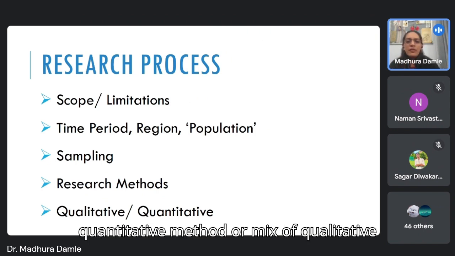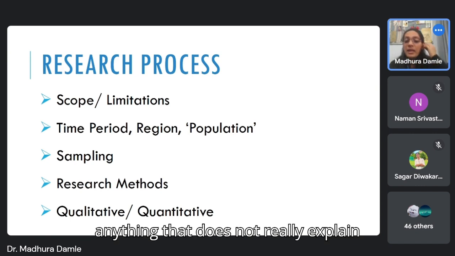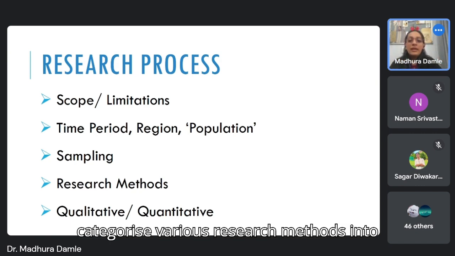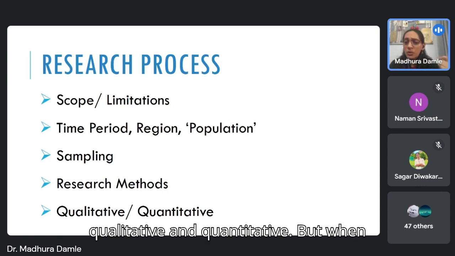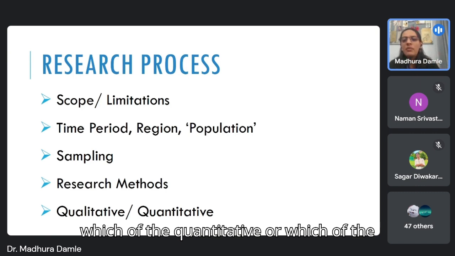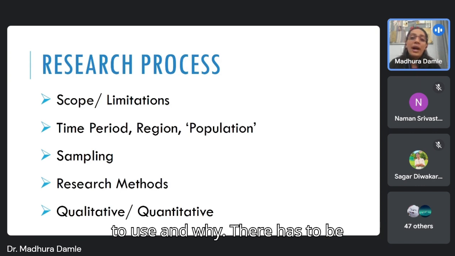qualitative method or quantitative method or a mix of qualitative and quantitative. That doesn't say anything. That doesn't really explain anything. So yes, we do categorize various research methods into qualitative and quantitative, but when you write a proposal, you have to mention which of the quantitative or which of the qualitative research methods you are going to use and why.